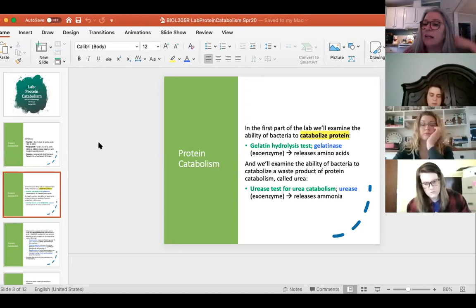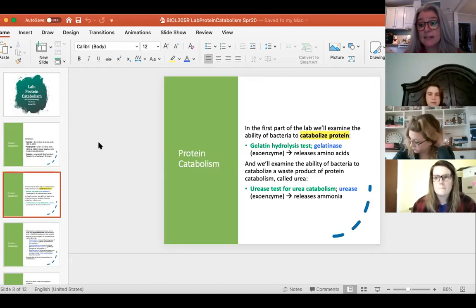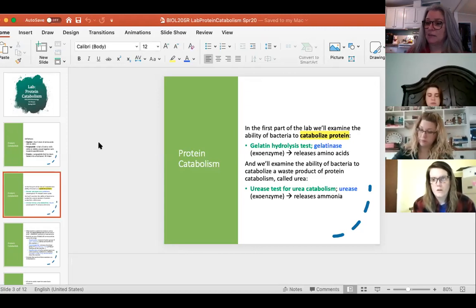Primarily, we're talking about microbes secreting enzymes into the environment so that they can break down these big, bulky proteins into either smaller peptides or into individual amino acids. And then the cells can take those peptides or amino acids in and use them for metabolism.